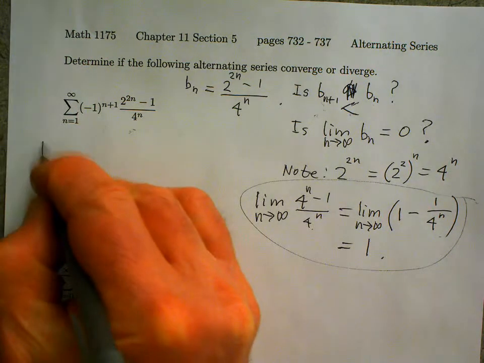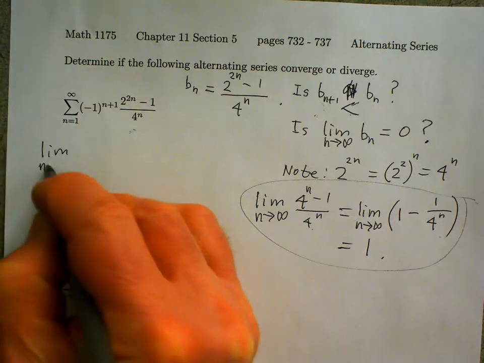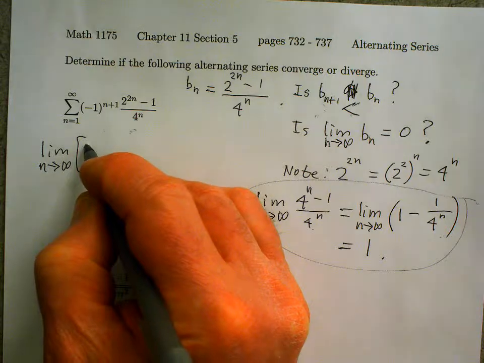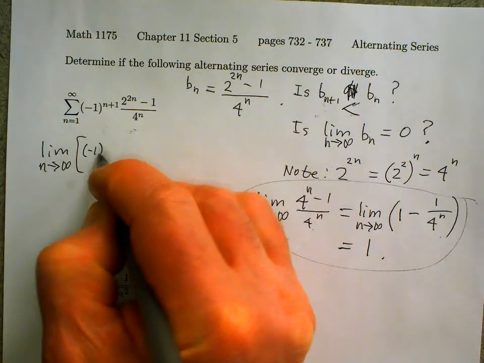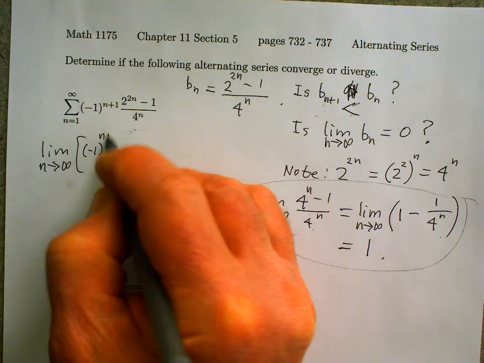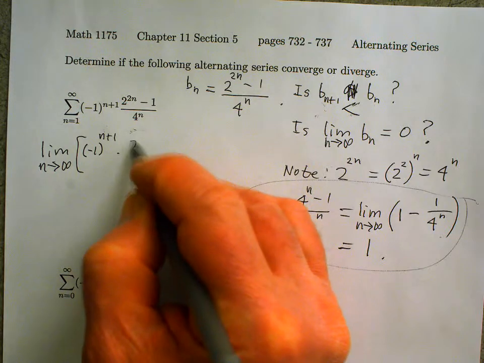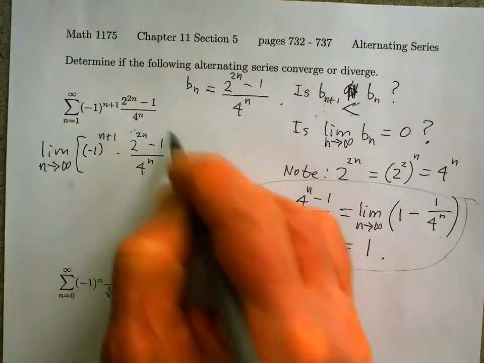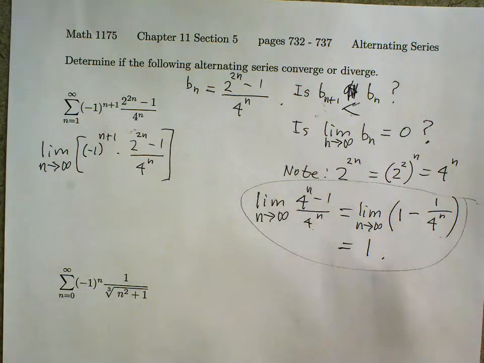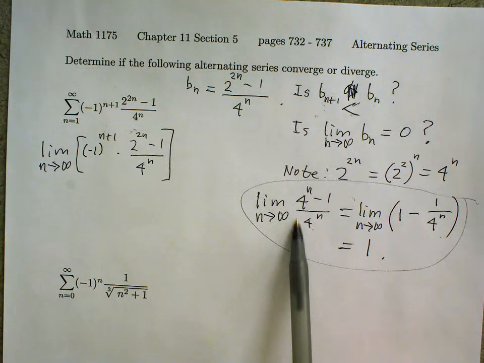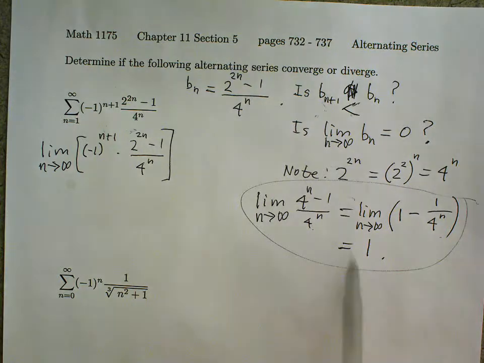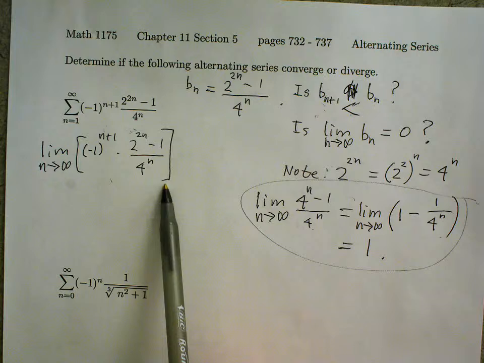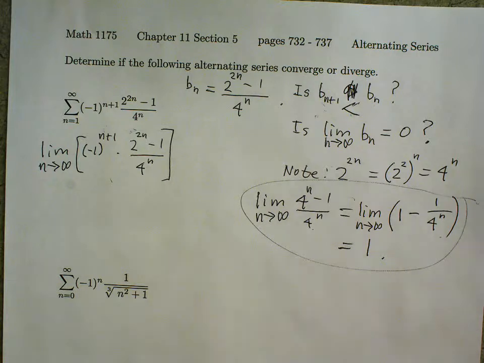What does the limit of the terms of the series equal? Okay, we found that this limit of the positive terms is equal to 1. What's the limit of negative 1 to the n plus 1 times 2 to the 2n minus 1 over 4 to the n?